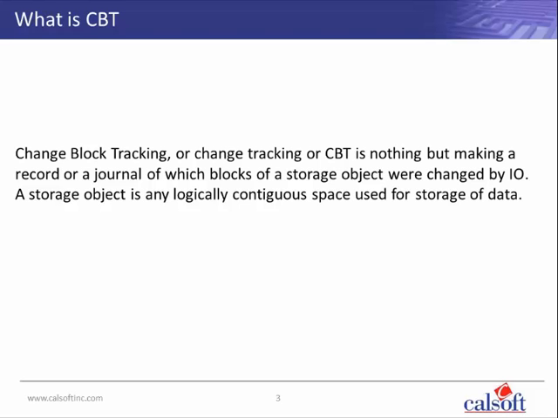In the context of today's presentation, CBT does not keep track of what data was written. It only logs or tracks which areas of the storage object were written to. Such tracking data is used by various applications, primarily by backup and restore. Other solutions that can use CBT are out-of-band deduplication and archival, etc. Usually, such tracking is only performed to know what blocks have changed between a given time interval.